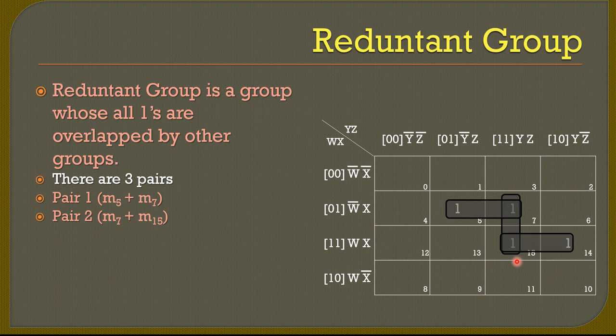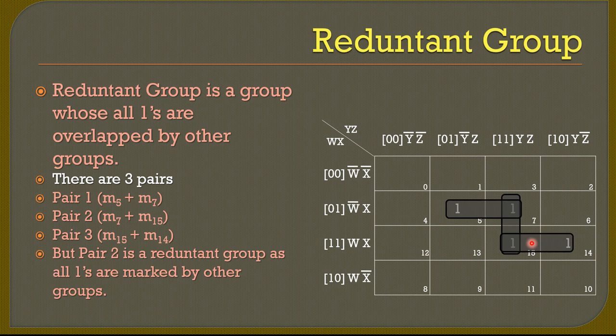And you have one more pair, that is 15 and 14, pair 3. So M15 and M14 are the minterms. Now after identifying 3 pairs, you can observe that pair 2 is a redundant group because both the ones are marked by other groups.